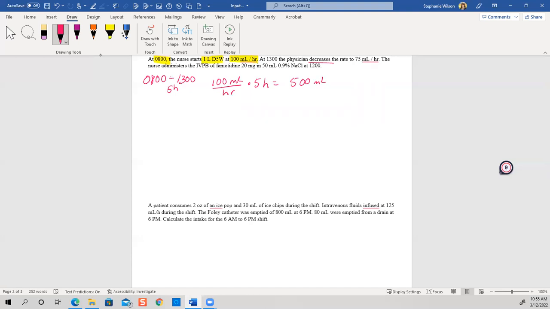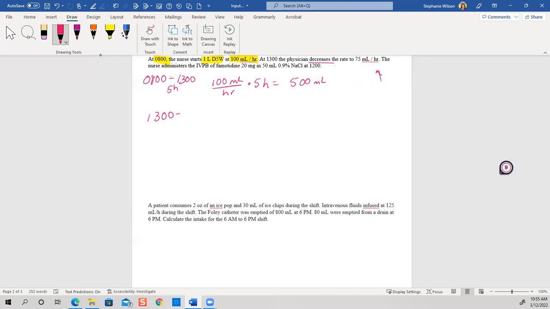And then it says from 1300, it decreased, and we read on, and let's just go ahead and do a shift. And I apologize, it doesn't have the shift on here. So let's go 0800 to 1500.